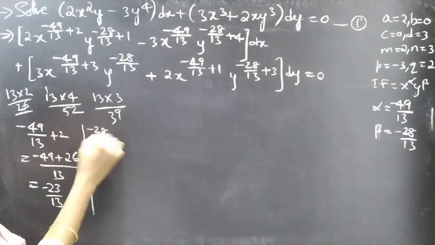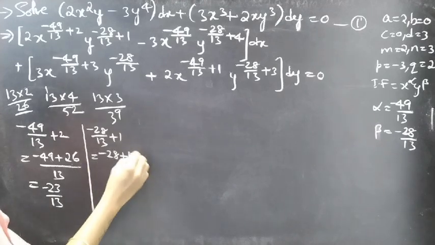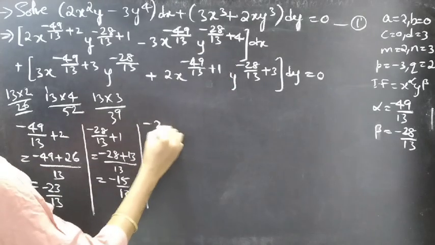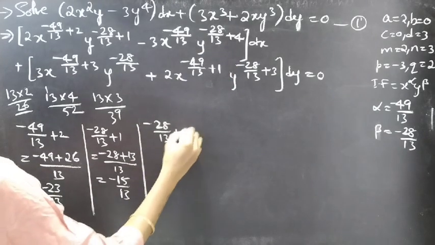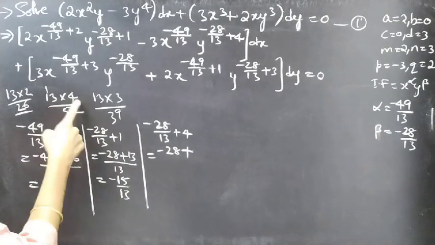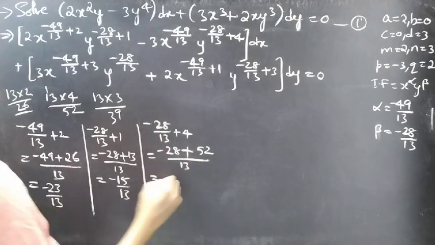Minus 28 by 13 plus 1 gives minus 28 plus 13 by 13, which gives minus 15 by 13. Minus 28 by 13 plus 4 gives minus 28 plus 13 4s are 52 by 13.